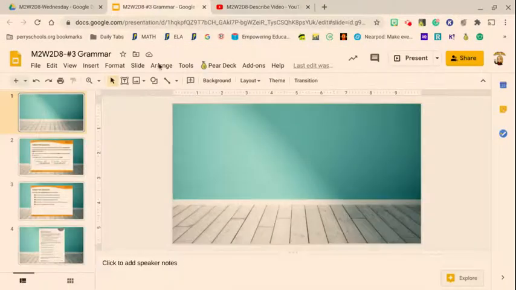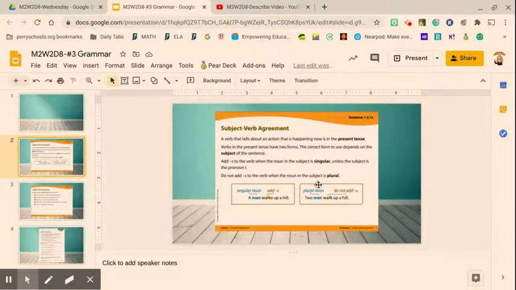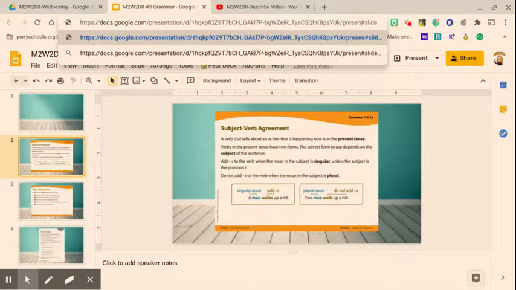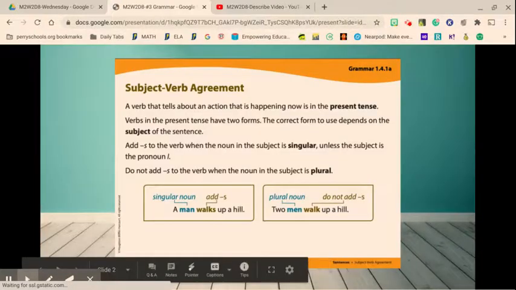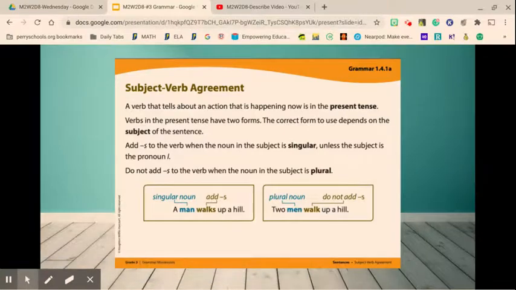Okay, so after looking at the video, we're going to talk about subject and verb agreement and explain it a little bit in words so that you can see some examples. So, a verb that tells about an action that is happening now is a present tense verb. Verbs in the present tense have two forms.